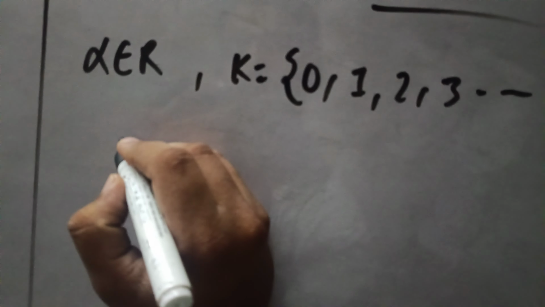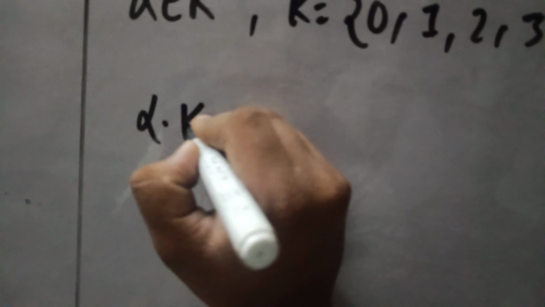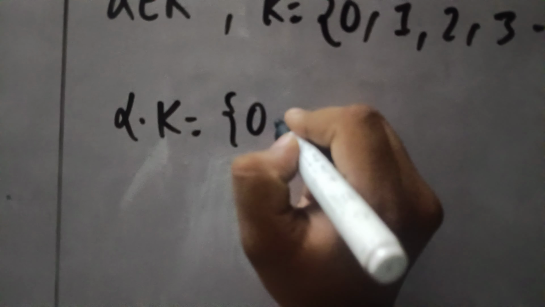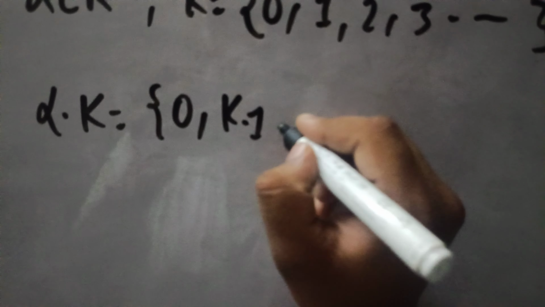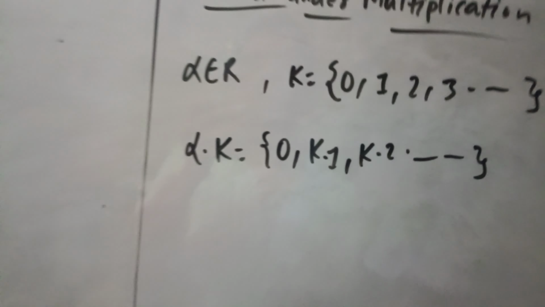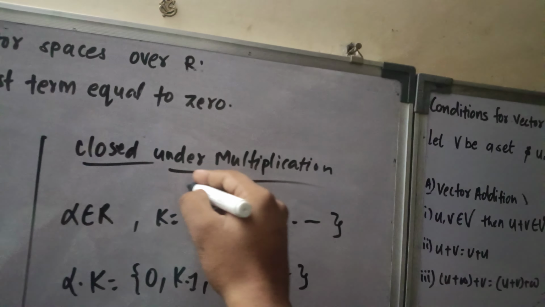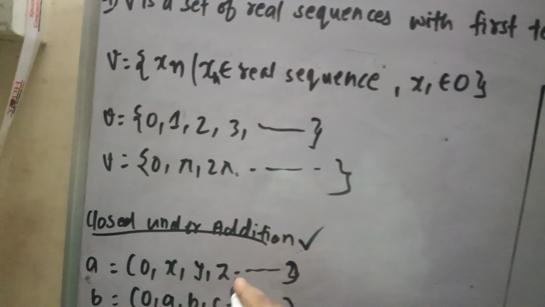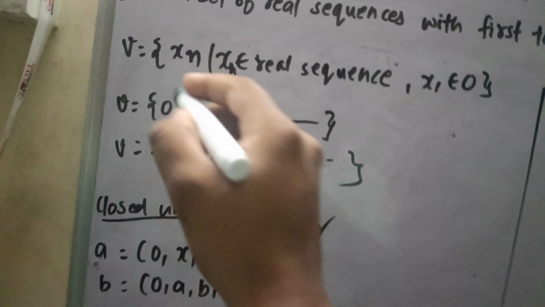Upon multiplying this, we will get alpha into k, that is 0, k1, k into 1, k into 2, etc.